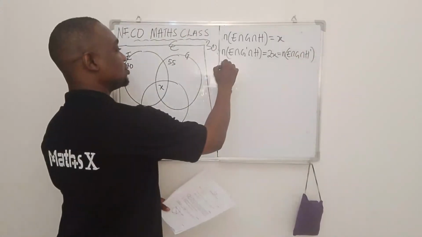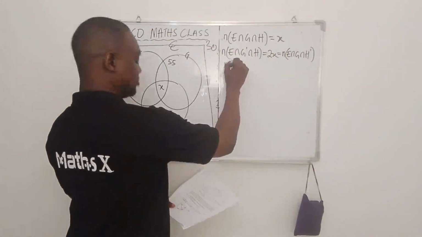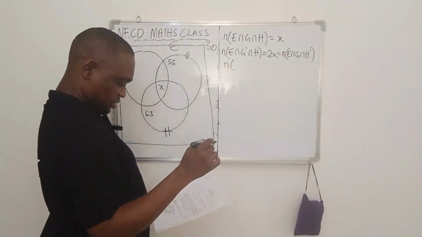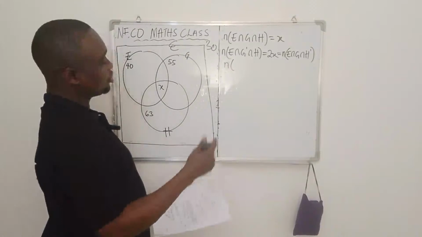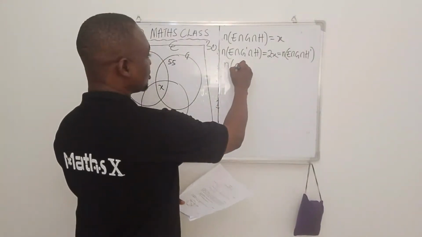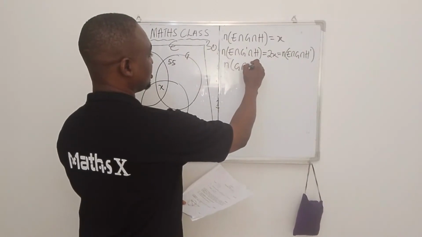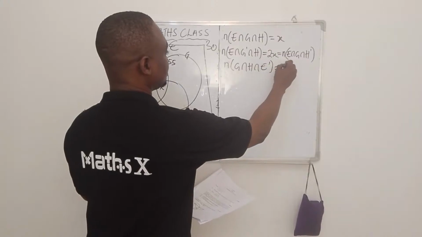Then again, another 2X study government and geography. So that will be G intersection H intersection E complement, which is still 2X.